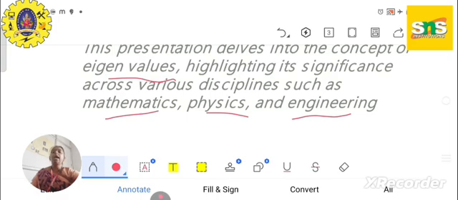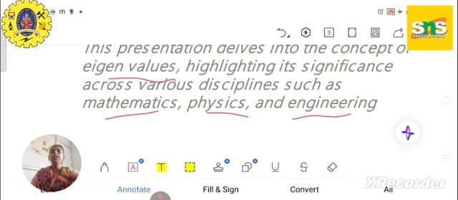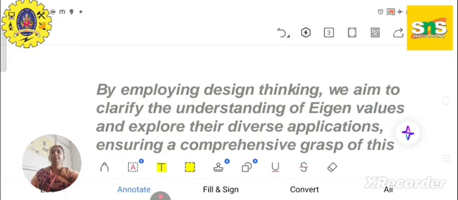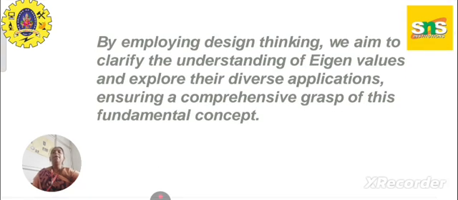Eigenvalues have an important and vital role in mathematics, physics, engineering, etc. By employing design thinking, we aim to clarify the understanding of eigenvalues and explore their diverse applications, ensuring a comprehensive grasp of this fundamental concept. So this is our empathize part. By empathizing, what is the need to read the eigenvalue and understand the eigenvalue and explore their application, we need to understand the eigenvalues.